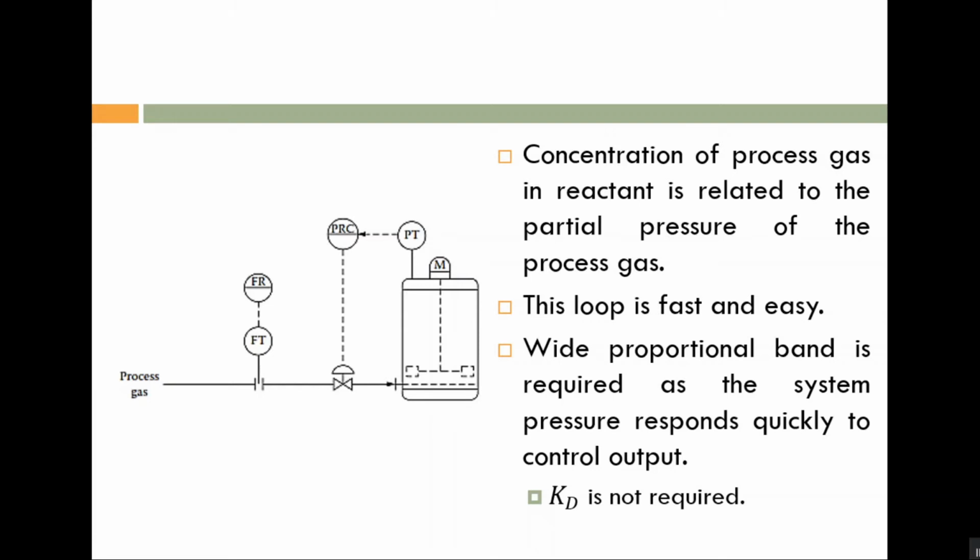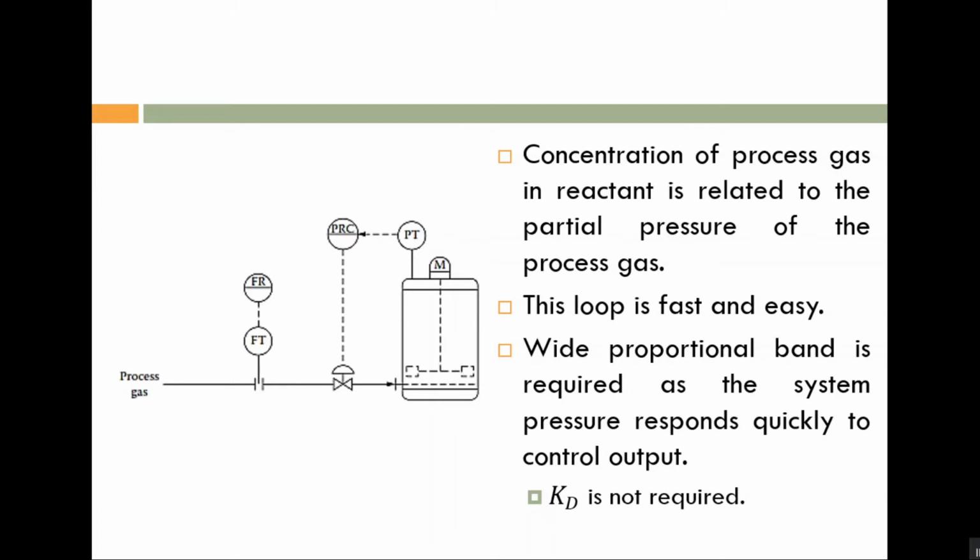Okay, so in this particular situation, we don't require any integral action. Normally, we have to check whether it has offset or not. Otherwise, normally we don't require any integral action. We don't require derivative action either. Simply, we can use the proportional control mode. Okay, so proportional control mode is sufficient. That is the first thing.